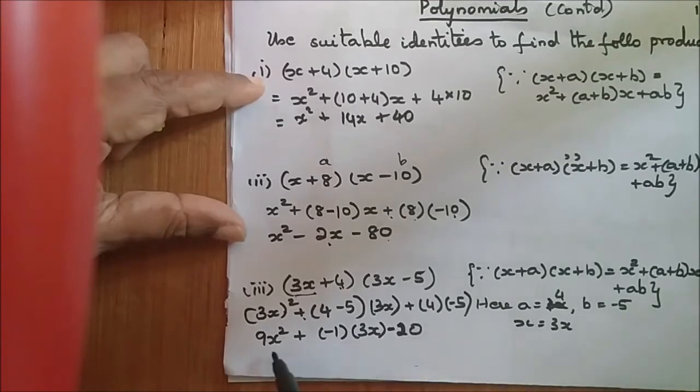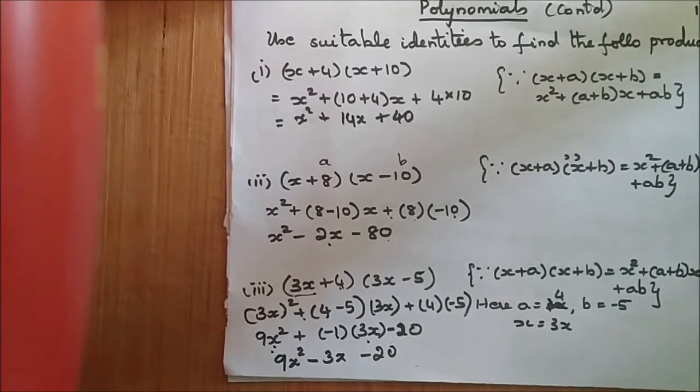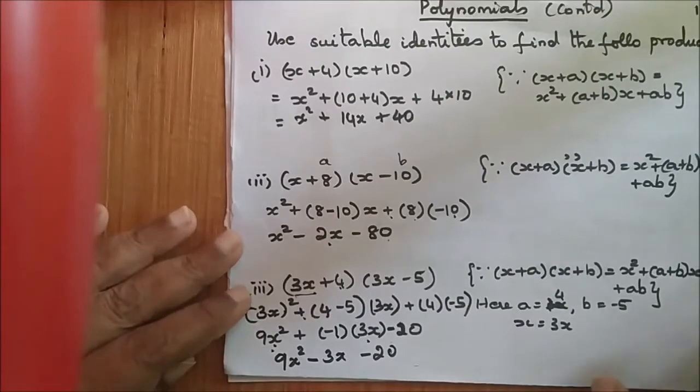So 9x squared, plus 4 minus 5 is minus 1, minus 1 into 3x, minus 20. This is nothing but 9x squared minus 3x minus 20. I hope you understood how we solve this problem.